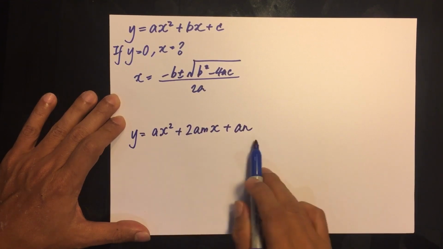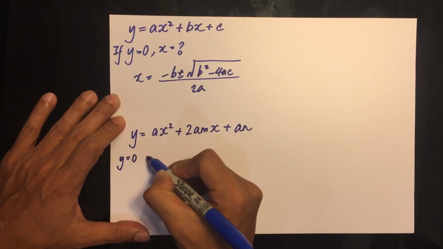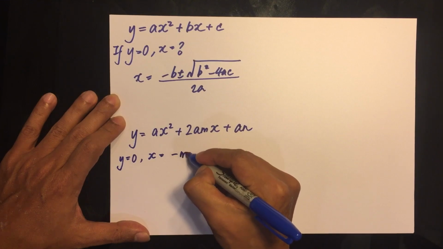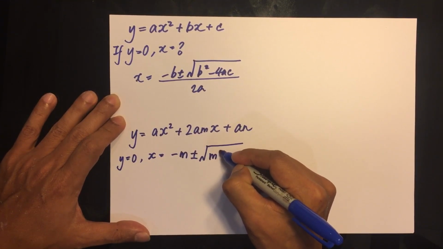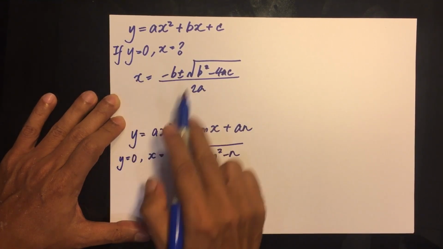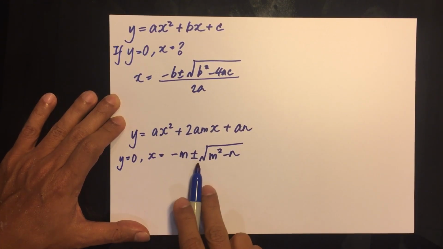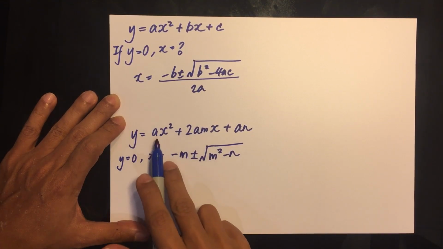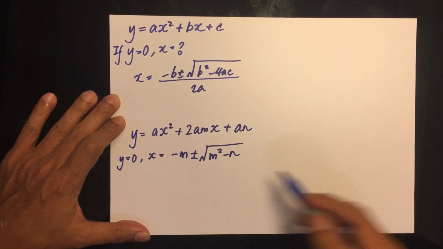This looks a little bit strange, but the great result is that if y equals 0, you get this very neat expression: x equals negative m plus minus the square root of m squared minus n. So it's the roots of your equation. Instead of having this horrible fraction, that's a lot neater than the traditional b squared minus 4ac.